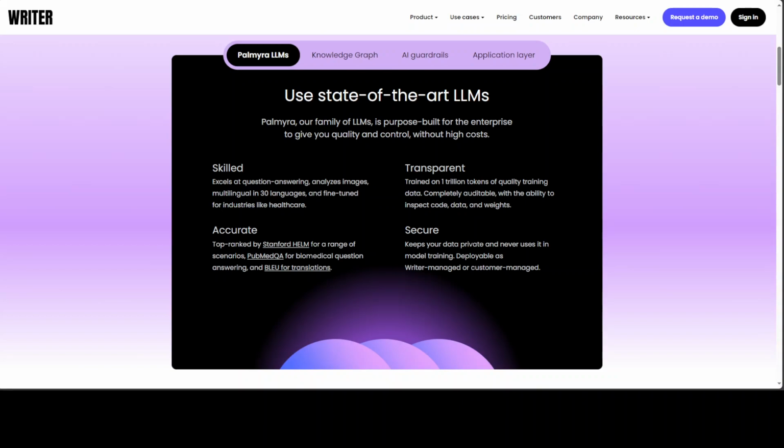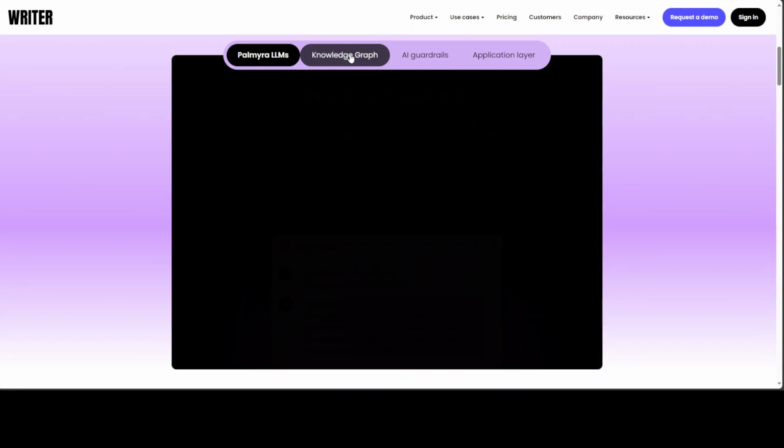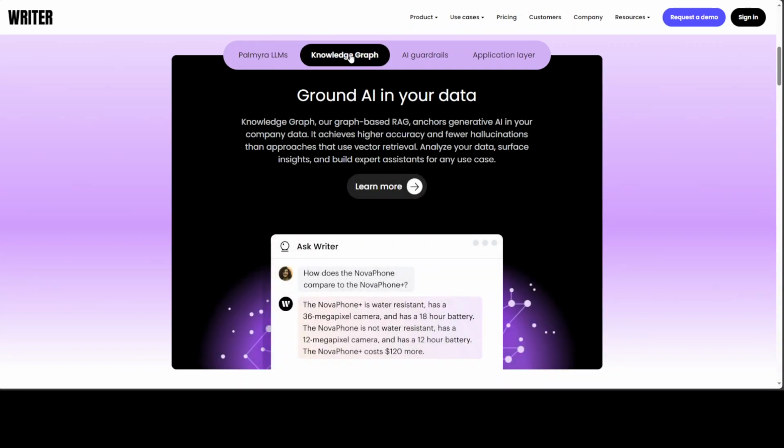Also, if you look at Writer's history, their AI journey began with tools for marketing teams and expanded with the launch of Palmyra Small, Palmyra Base, and Palmyra Large models catering to different scale requirements. The introduction of the knowledge graph, which you can also see here on their website, allows companies to integrate their business data with Palmyra models seamlessly.